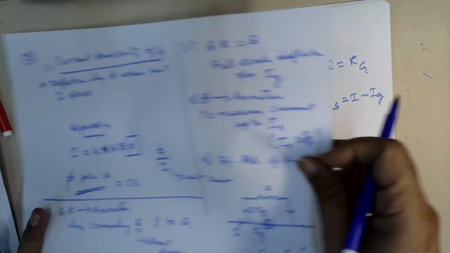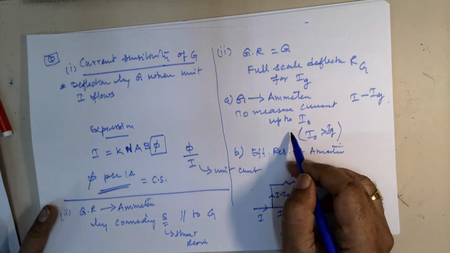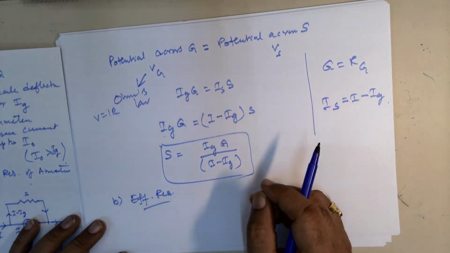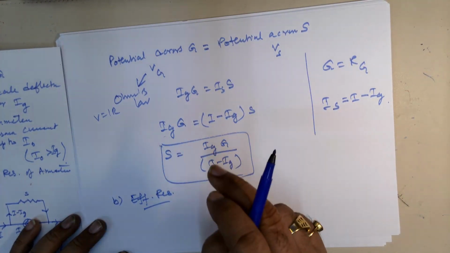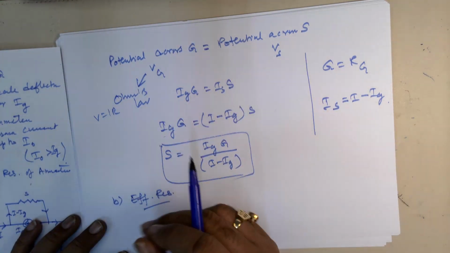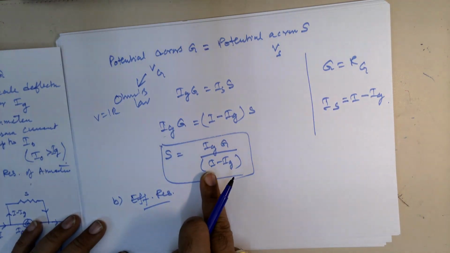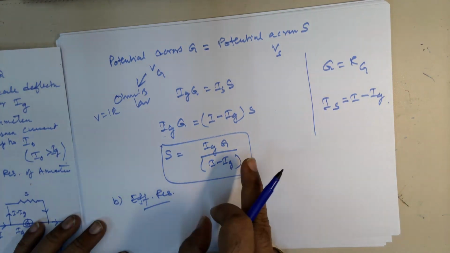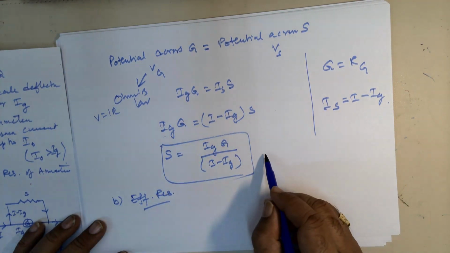They asked how to measure the current. It means using Ig, you know the G value, and the S value, that is the resistance we are given. From this you can find out the I value. You can measure the current.